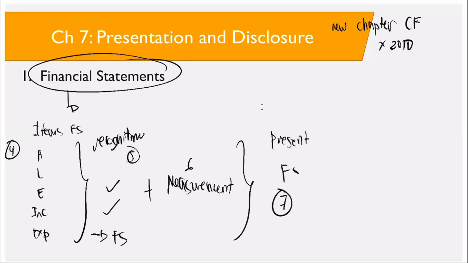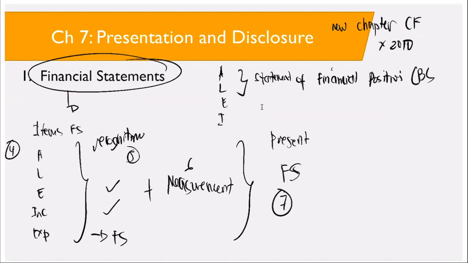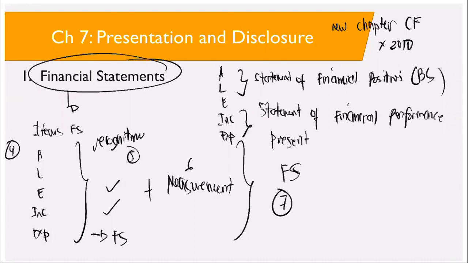Now, under chapter 7, we must talk about your different financial statements. Take note, asset, liabilities, and equity is presented under statement of financial position. Okay? Or known as your balance sheet. Income and expenses is presented under your statement of financial performance, also known as your income statement.